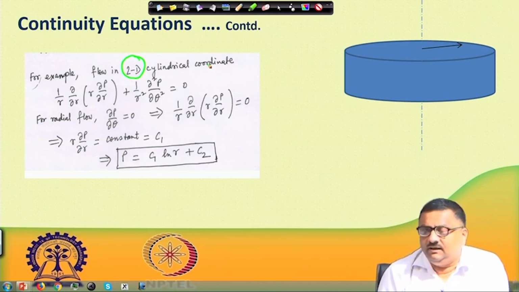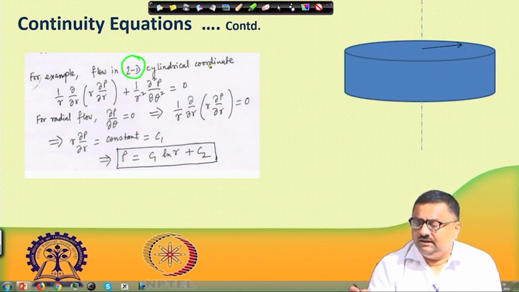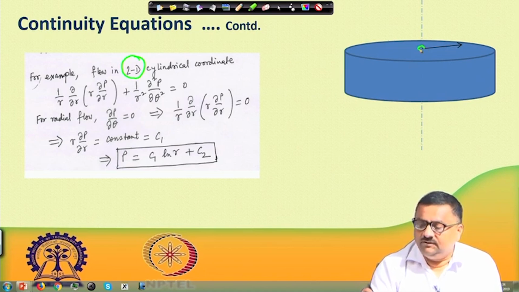Suppose I have a well. How does the well look? Let us say this is a reservoir, and I have a well from which we are drawing oil or injecting water. This is the well, and it is all connected.